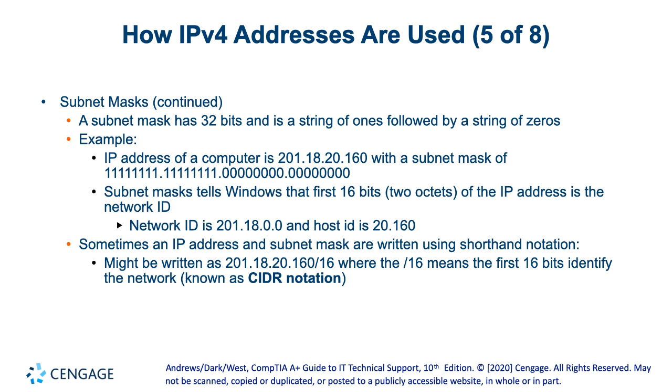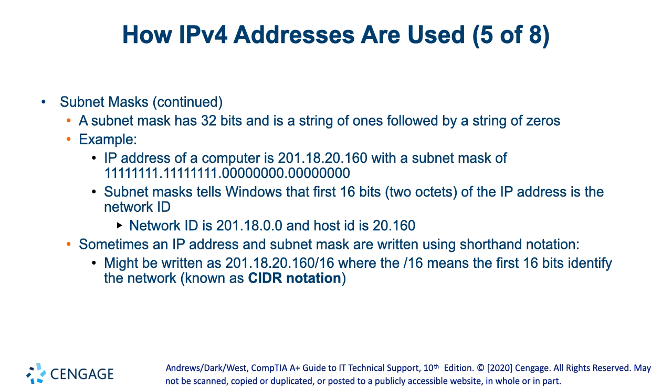But you see that the ones start from the left, and they always start from the left for the subnet mask. It tells you what bits are set for the network, and it's one-for-one from the IP address.